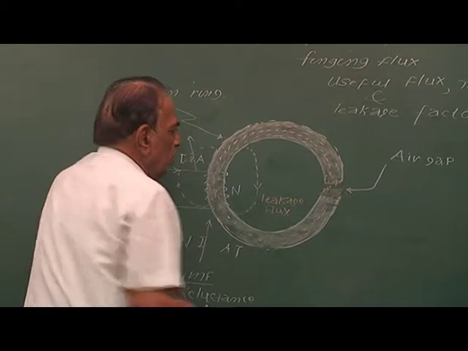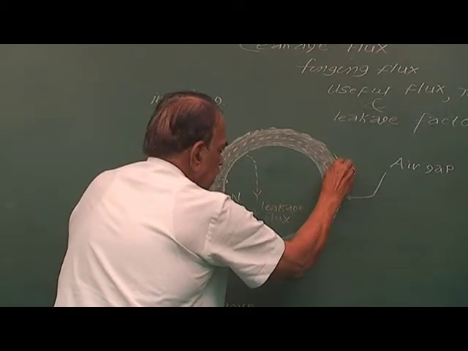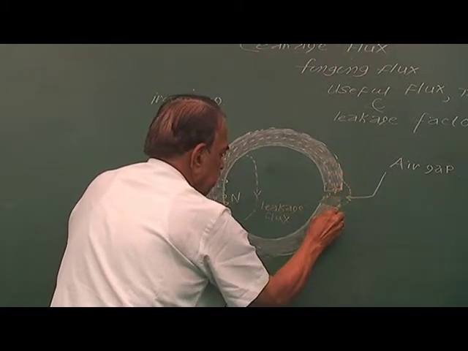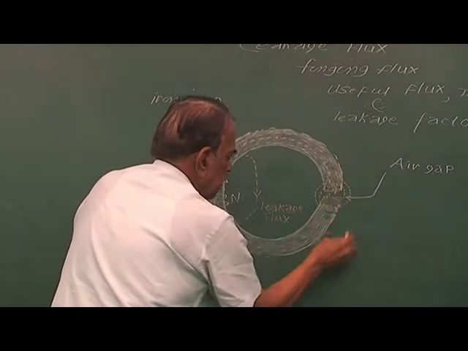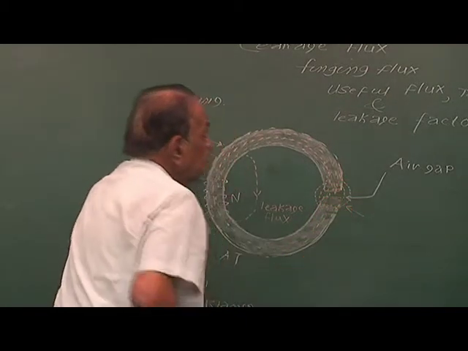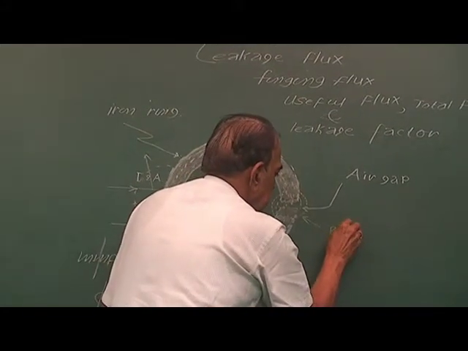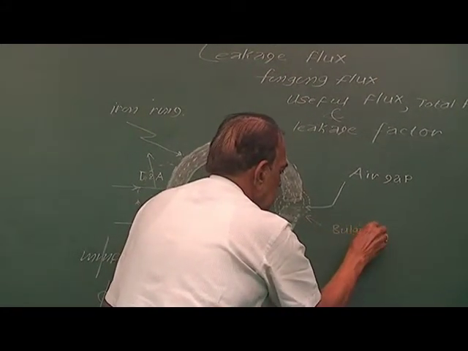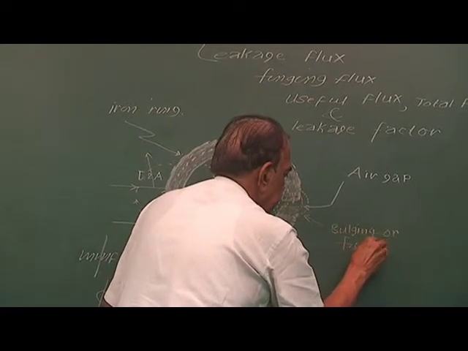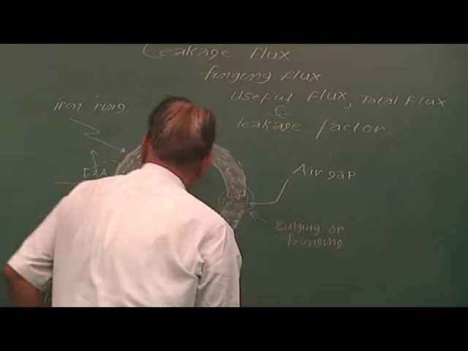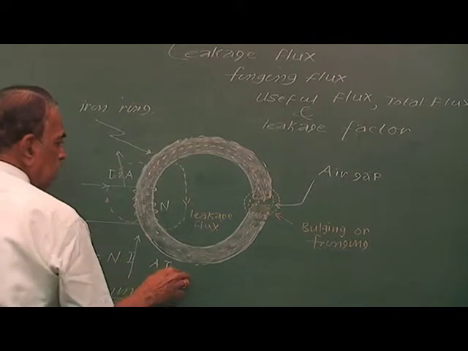Similarly, when our flux lines are crossing the air gap, when the number increases, the flux lines bulge out. Bulging of magnetic flux lines takes place. And this bulging of flux is called fringing.